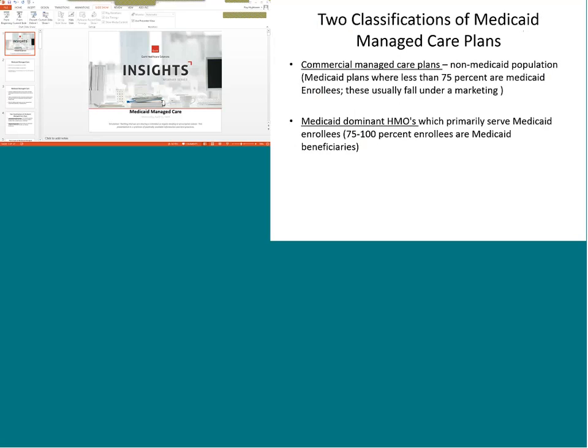However, the Medicaid dominant HMO plans have 75 to 100% of their enrollees being Medicaid beneficiaries.